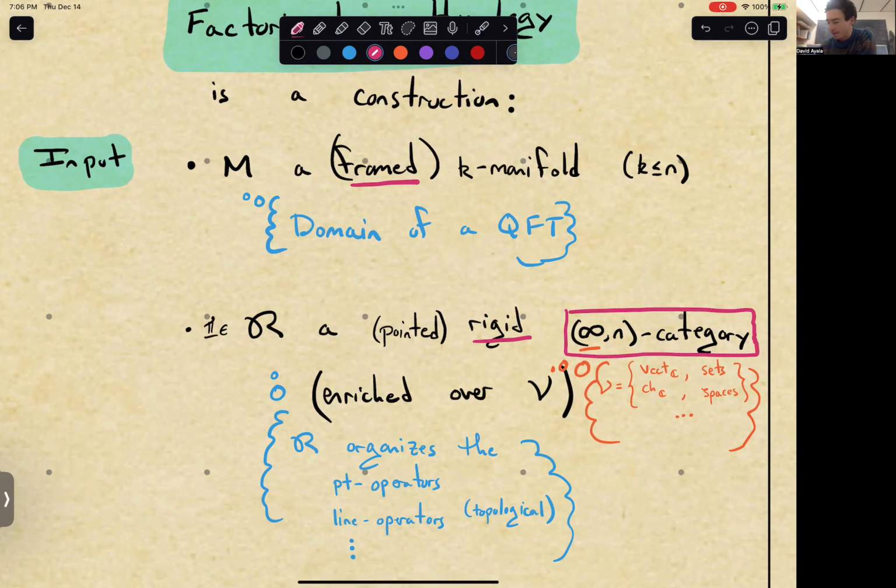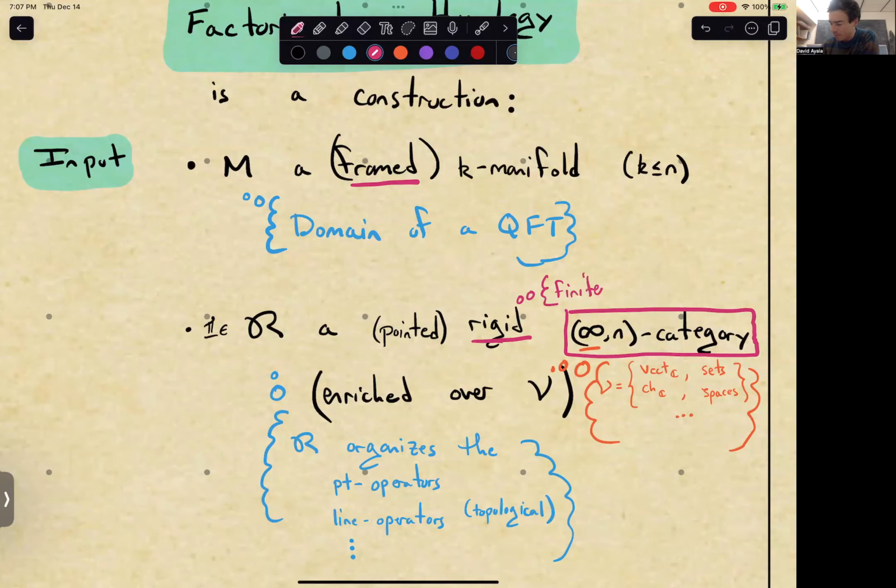Now, the number of mathematicians who are experts in homotopy theory that have a working practice with infinity n categories is very small. So I'm going to outline what I mean by this and how to produce examples of such below. Now, an additional condition on them is that they be what's called rigid. And think of that as a type of finiteness condition.